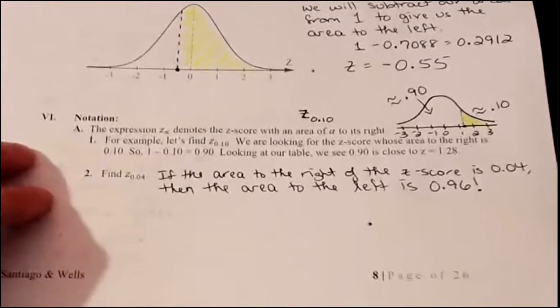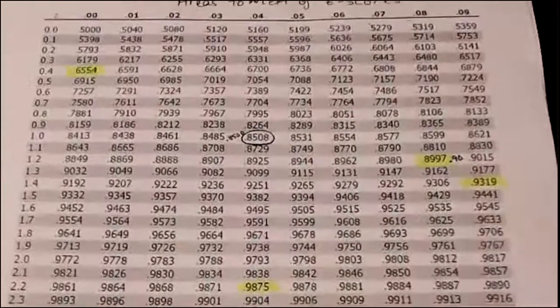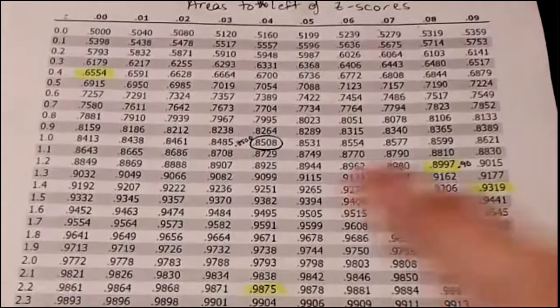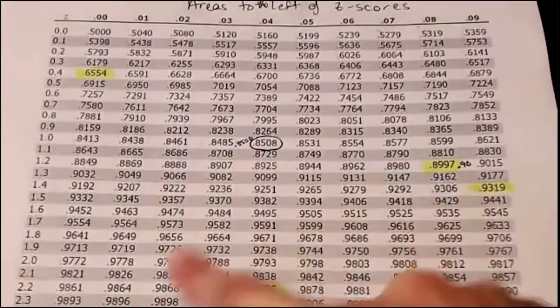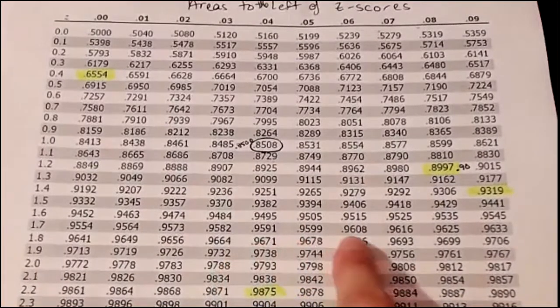So let's actually use this information. If we want to find the z-score whose area to the left is 0.96, am I going to be on the negative z-score side or the positive z-score side? Positive. Definitely positive. So let's check this out. We're looking for 0.96. So I'm going to scope this out. My eyes are drawn to this region here.